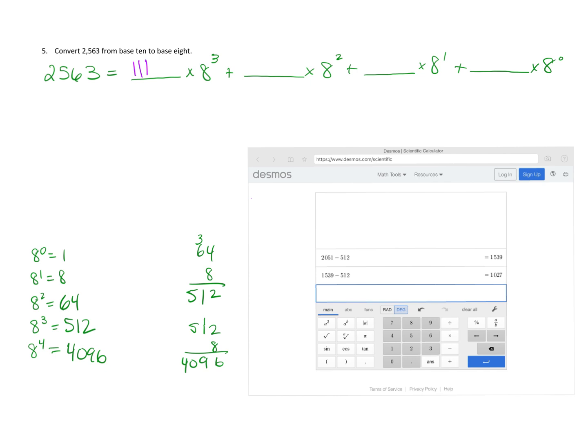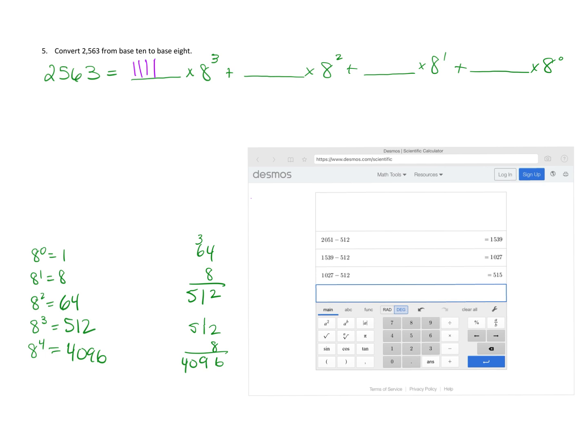I still have 1,027. I put another tally mark, that's the third 512 I subtracted. Now I take my 1,027 and subtract another 512, and I get 515. So I put another tally mark.